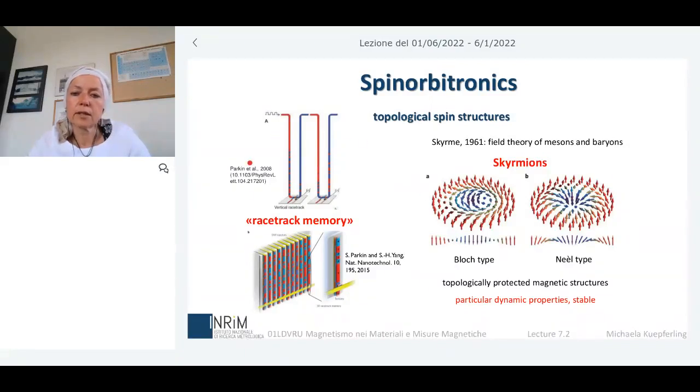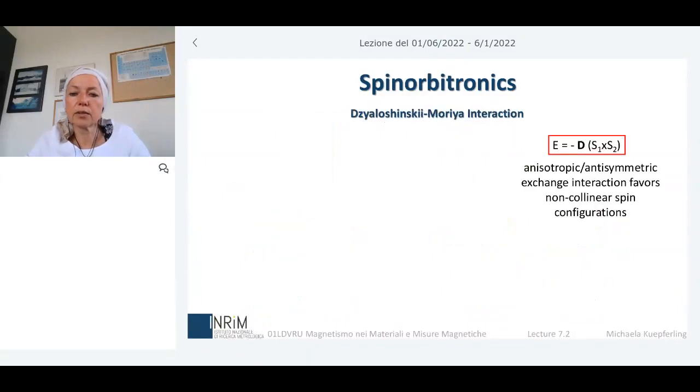And this was the great hope to realize finally this racetrack memory, which was a nice idea, something like 15 years ago. And in order to stabilize these structures, non-collinear exchange is of great importance. And if you enter the field of magnetism, then for sure you will hear about the Dzyaloshinskii-Moriya interaction.